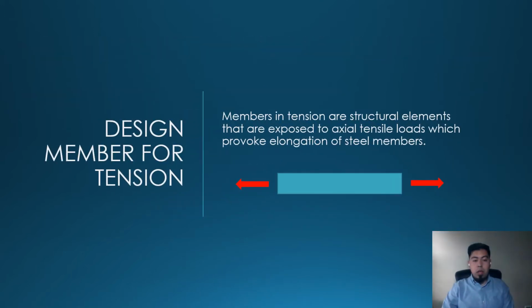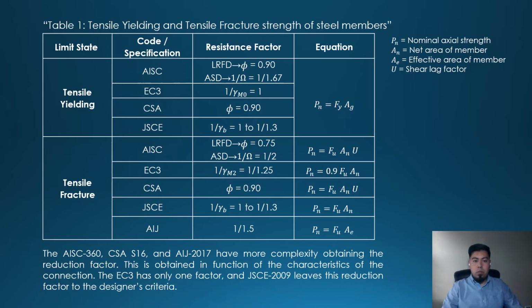The design of members for tension. Members in tension are structural elements that are exposed to axial tensile loads which provoke elongation. In this table, I provide a summary and a comparison of the design equations to calculate the nominal axial strength.